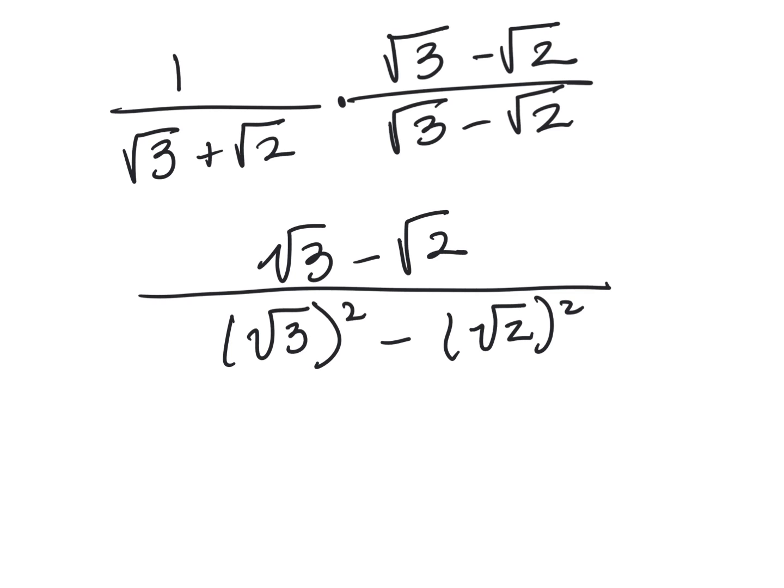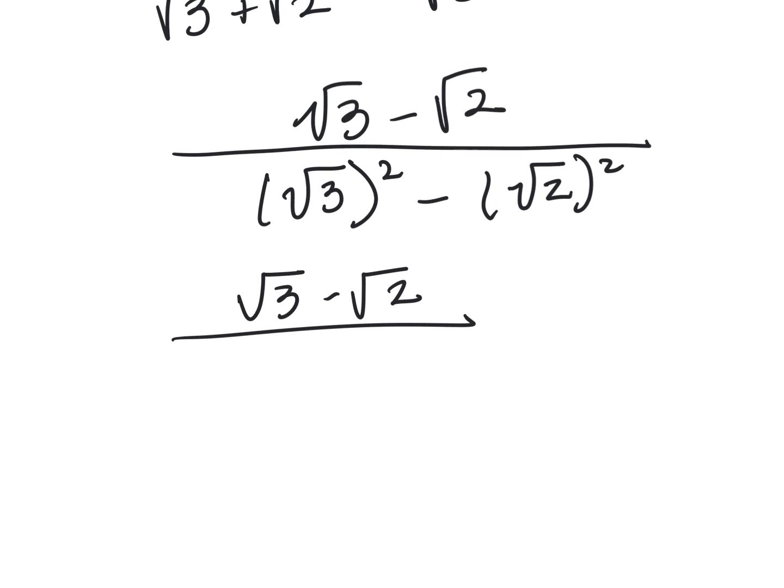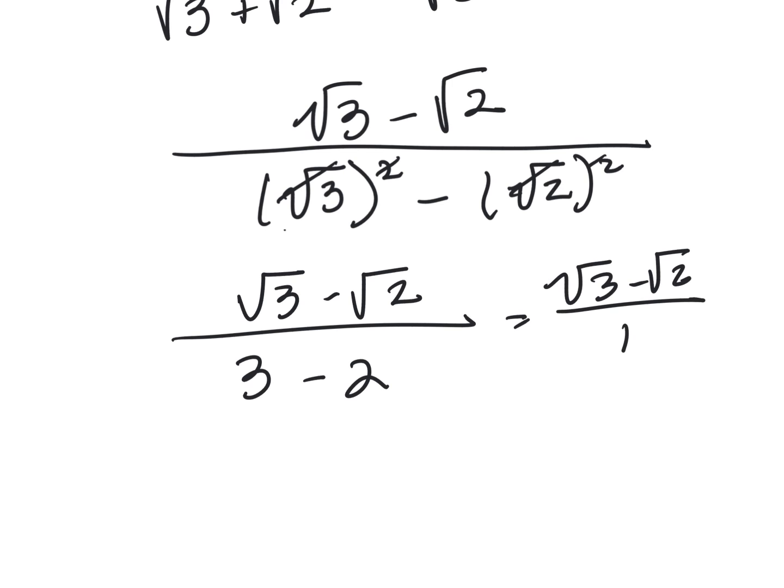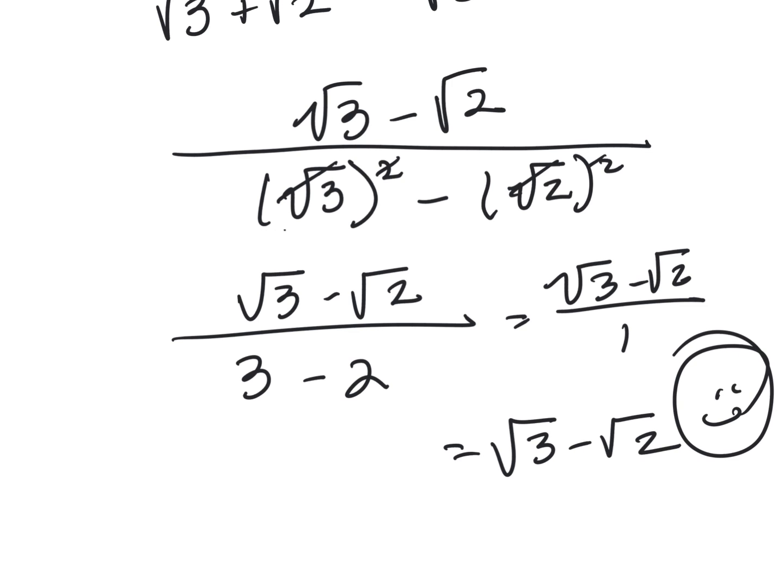So I'm going to have root 3 minus root 2 on top, and on bottom, I'm going to have 3 minus 2. These cancel, those cancel. So I'm going to have root 3 minus root 2 all over 1, which is just root 3 minus root 2. Isn't that happy? Okay.